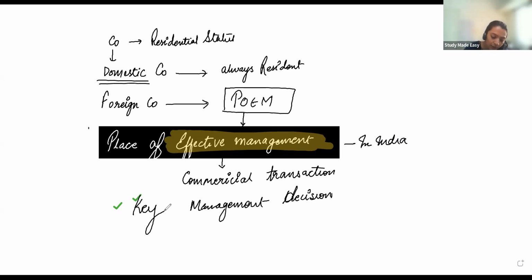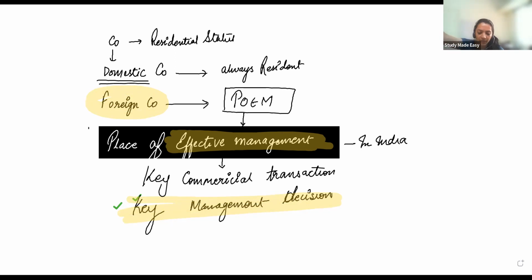So if a foreign company is having place of effective management, it means key management decisions as well as key commercial decisions also. There are certain key commercial decisions that are very important and decide whether to continue this unit or not.